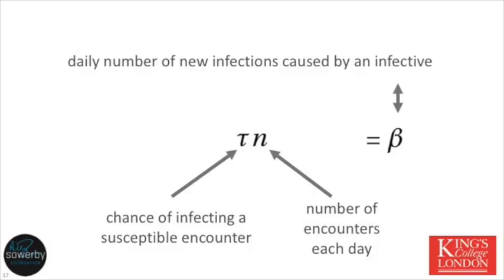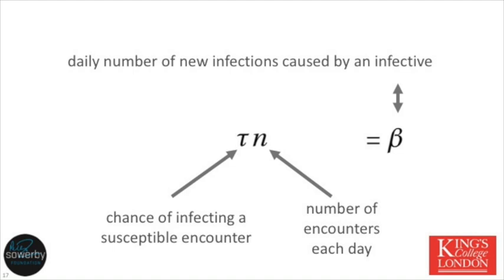For this reason, while Tor and N are useful in setting up the model, it's better on the whole to focus on beta, the number of new infections that an infectious individual would bring about each day when everyone else is susceptible. So we want to know the number of new infections in the population as a whole.